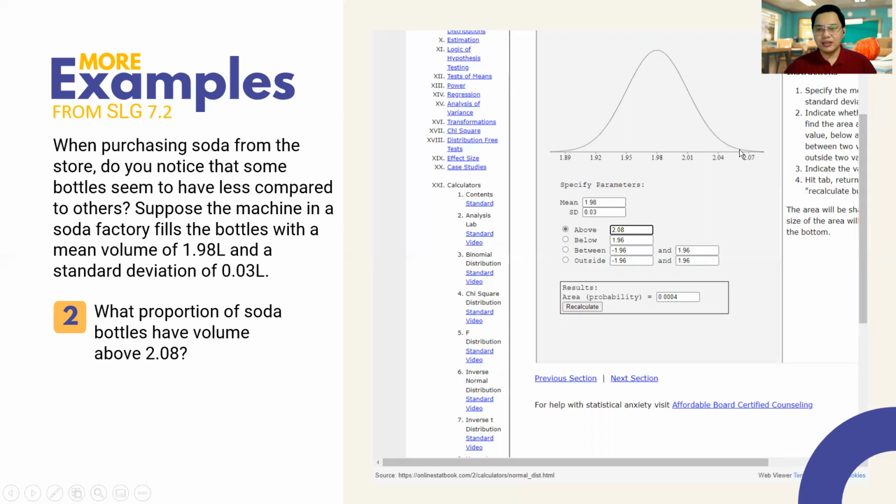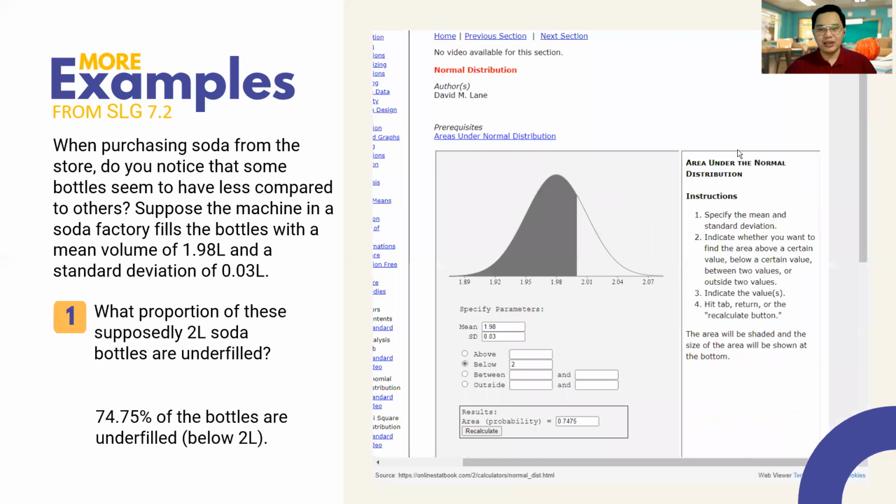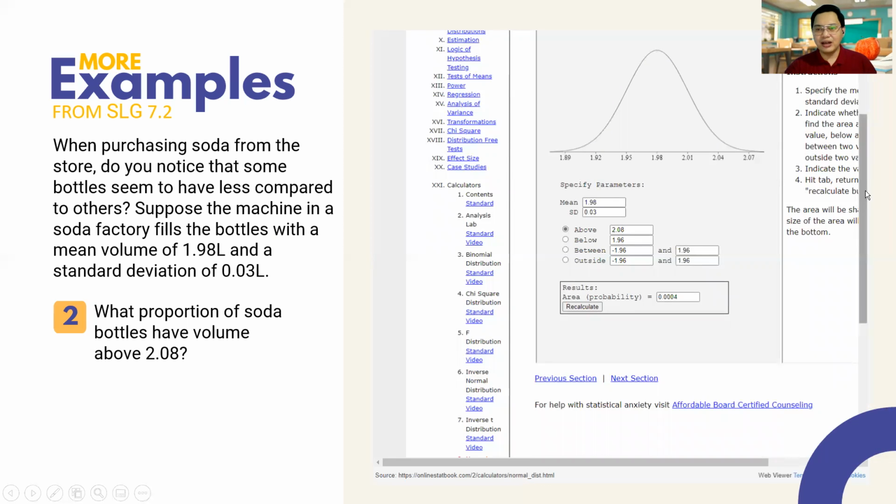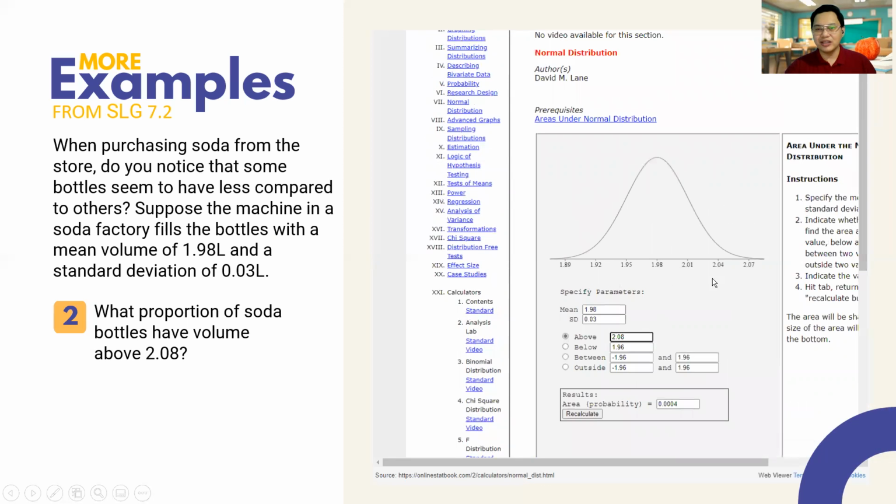Notice that you should not be surprised if the illustration here does not show any shaded region. That's because 2.08 is quite a large value in comparison to the 1.98, with reference to the standard deviation of 0.03.